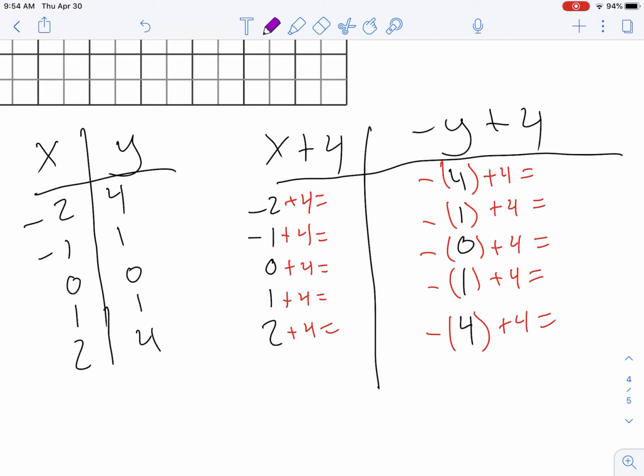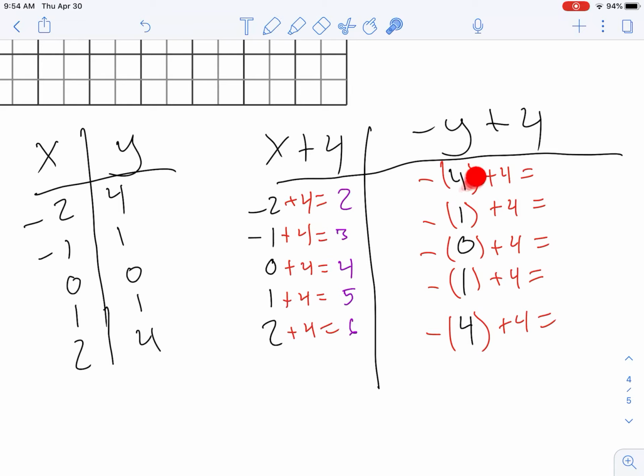So -2 plus 4, signs are different, subtract, keep the sign of the larger number. Same thing here, 4 minus 1, 3. 4 plus 0 is 4. 4 plus 1 is 5. 2 plus 4, 6. And then over on this other side, I'm going to do the opposite of 4.